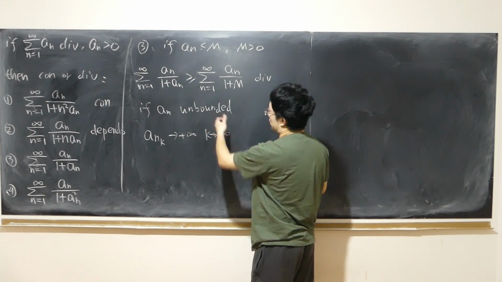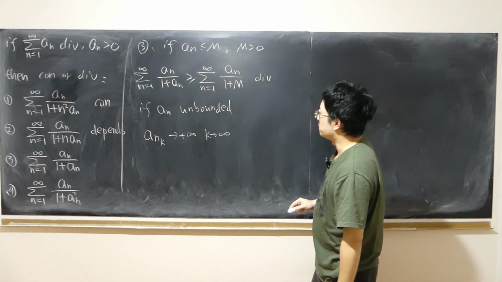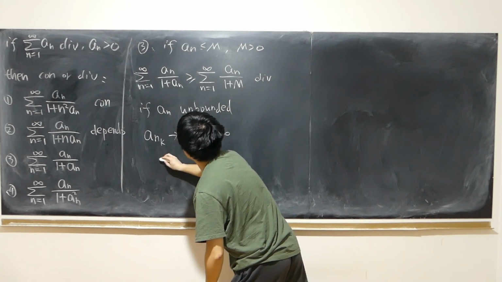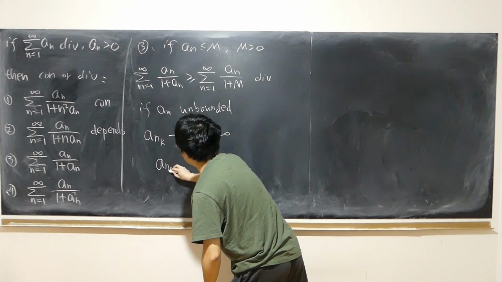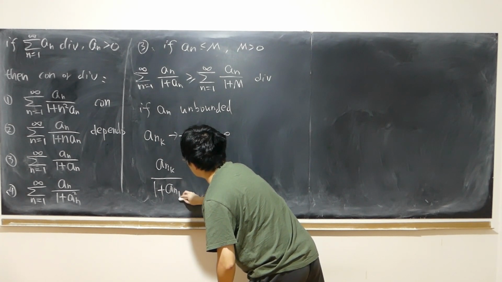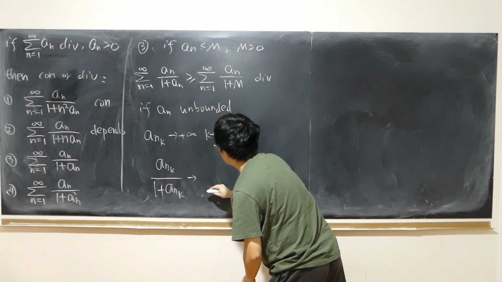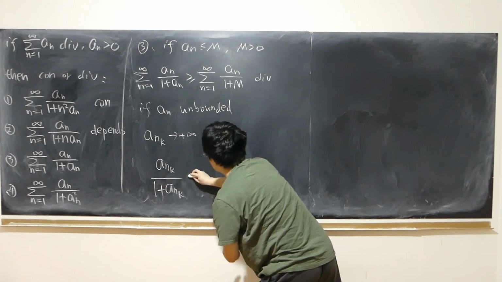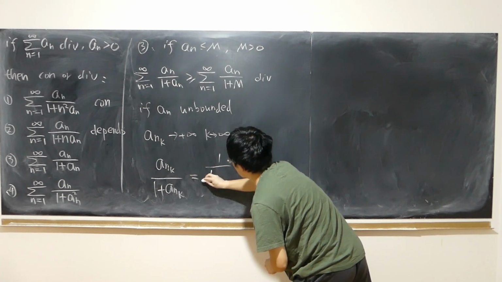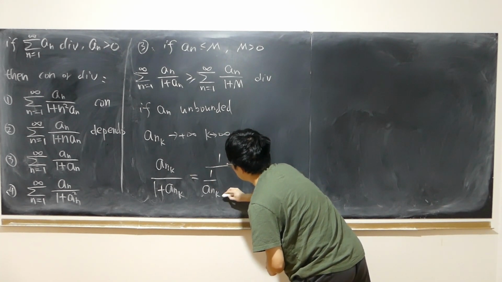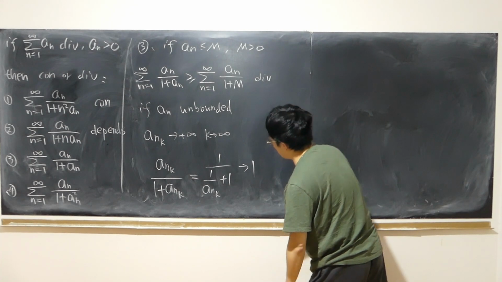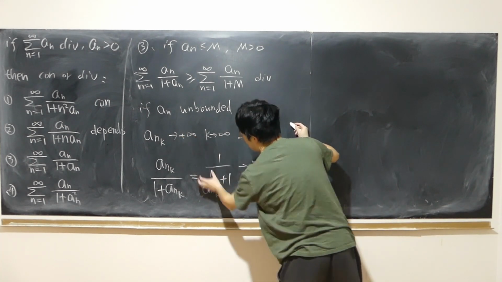That's what unbounded means. So for the subsequence general term, a sub n sub k over 1 plus a sub n sub k, divide everything by a sub n sub k, and I get 1 over (1 over a sub n sub k plus 1), which will approach 1, because a sub n sub k approaches positive infinity.